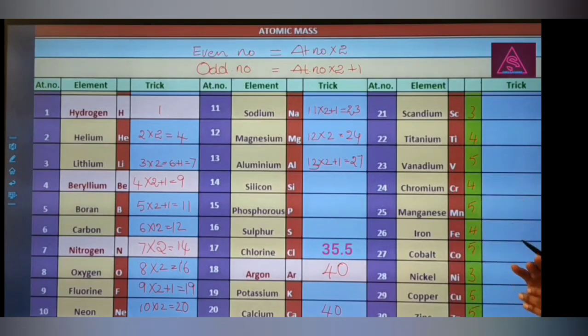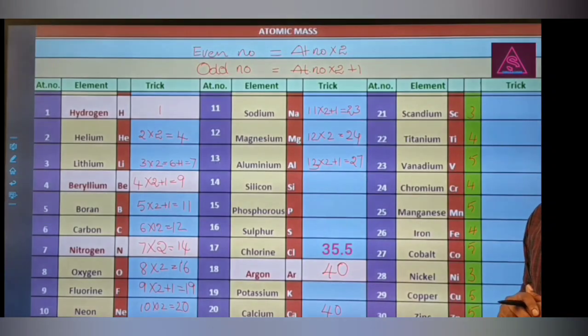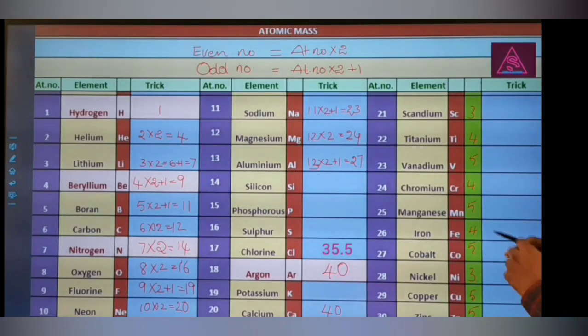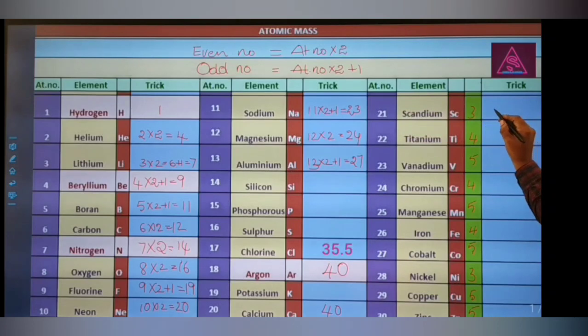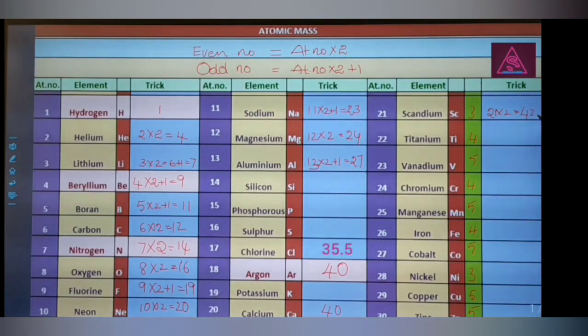Now I will show you how to calculate for 21 to 30. For 21, that is 21 into 2, that is 42 plus 3, that is 45. The atomic mass of scandium is 45.